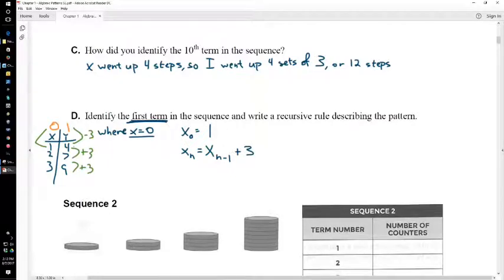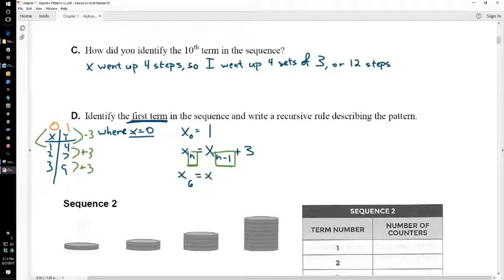If this x of n, x of n minus 1 is still throwing you for a loop, remember, these are not something we necessarily add or subtract. They are just identifiers. They tell us what x we are talking about. So in this case, let's say I want x of 6. My n value is 6.